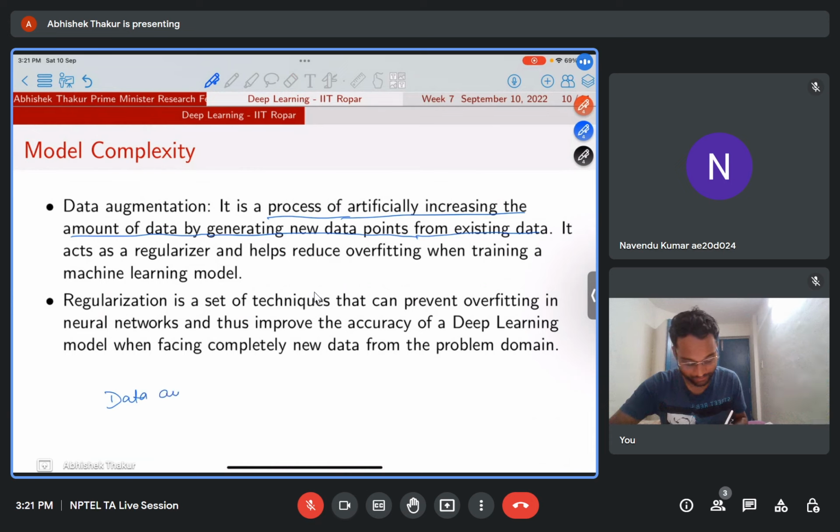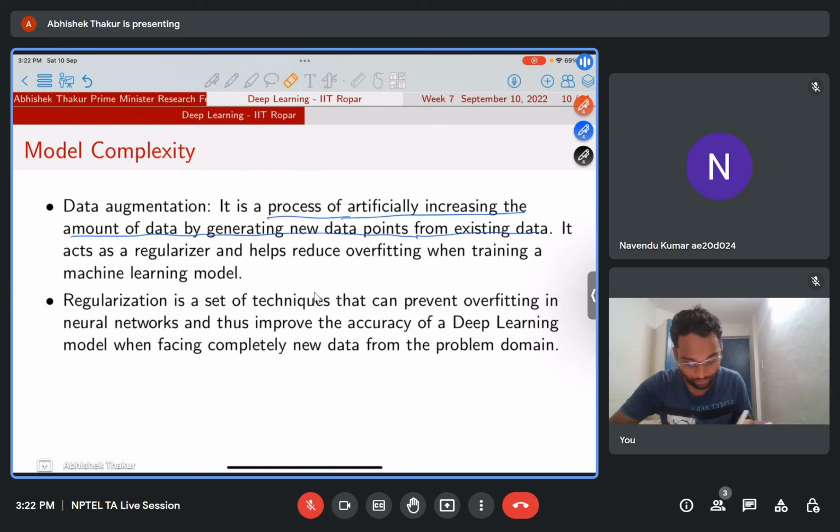In data augmentation, we can generate more data by rotation, translation, or scaling. We can perform these operations and increase the amount of data, so that the model gets trained on different kinds of data, and it will work better with the test data.